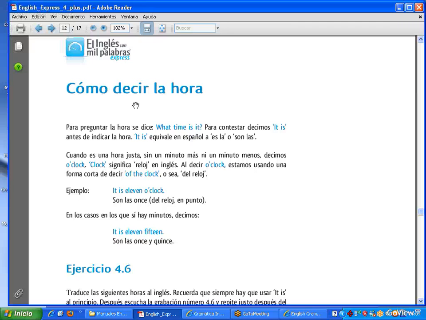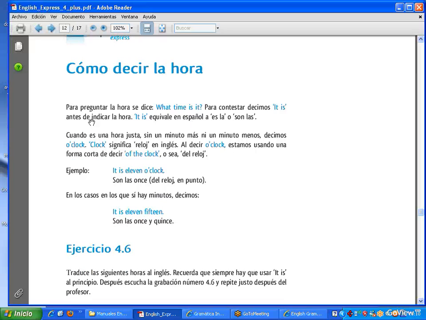For example, it is 7 o'clock. Here's the example, it is 11 o'clock. Son las 11. Okay? It is 11 o'clock. Now we only use o'clock when we say una hora justa, when it's just the hour.